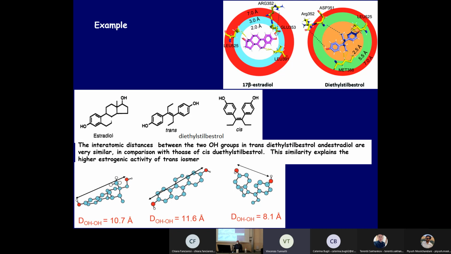And he followed his hypothesis, and he said that only the trans isomer can be active and not the cis isomer. Why? Because only the trans isomer has the two OH groups at the same distance as estradiol.